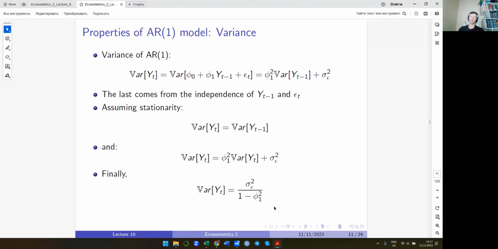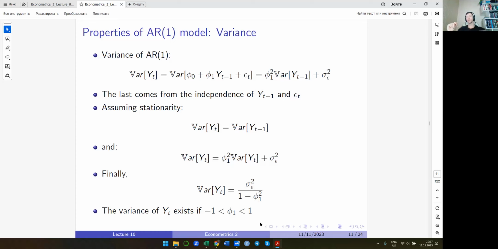What else do we see here about phi1? The variance of yt exists only if phi1 is bounded between minus 1 and 1. So this is an additional implication on phi1.